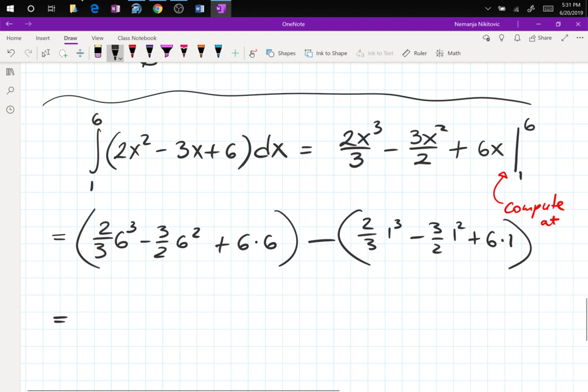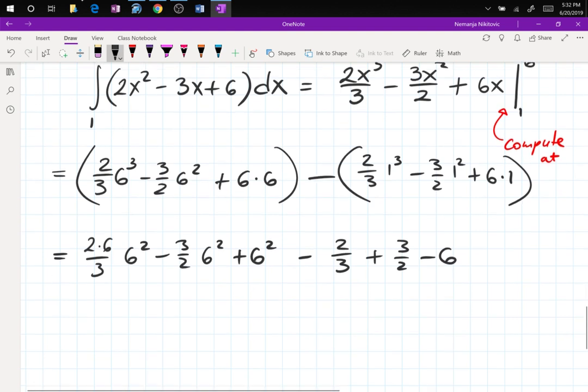You are welcome to punch all of this in the calculator and get a number at the end. I like to use clever tricks because I'm lazy to use the calculator. So what I'm going to do is, you can completely ignore what I'm going to do. I'm going to peel off one of the 6's from 6 cubed and have this as 2 times 6 over 3, then 6 squared, minus 3/2 times 6 squared, plus 6 squared. And then minus, these ones don't matter, so 2/3 plus 3/2 and then minus 6.